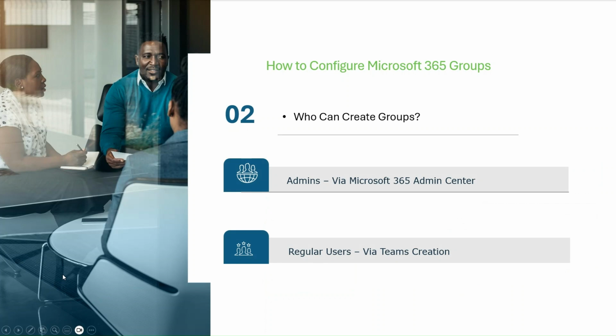So who can create groups? Admins can create groups. And regular users can also create a Microsoft 365 group indirectly. Remember the word indirectly. Why? Anytime a user has been assigned a license on a Microsoft 365 tenant, the user, who may not necessarily be an administrator on that tenant, would have certain privileges.